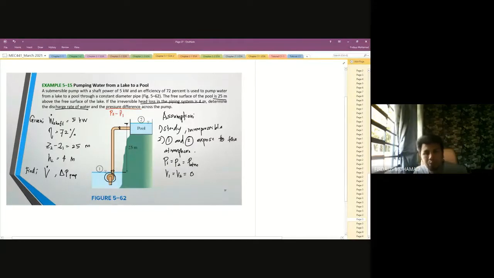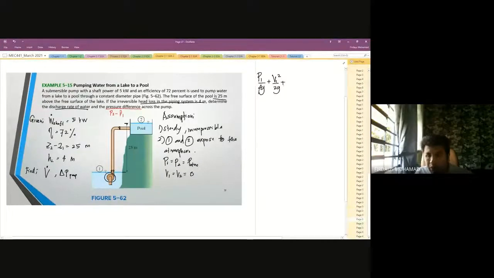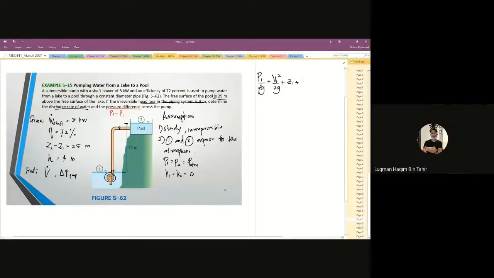Okay, so by applying, ada pump ke tak? So kita apply Bernoulli equation: P1 over rho g plus V1 squared over 2g plus Z1 tambah apa? HP.